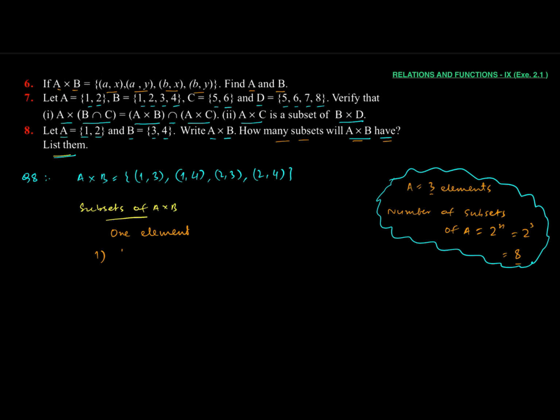So the first subset with one element will be 1 comma 3. The second subset will be having 1 comma 4 as an element. The third subset will be 2 comma 3, that is, it will be having only one element, that is 2 comma 3. The fourth subset will be having element 2 comma 4.